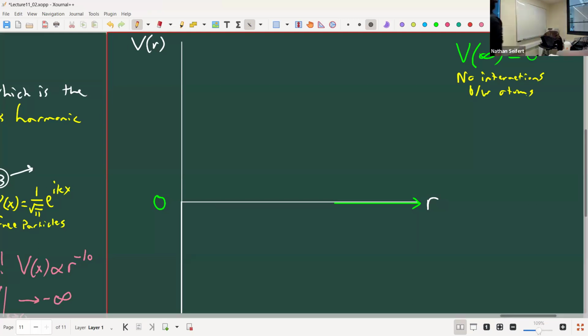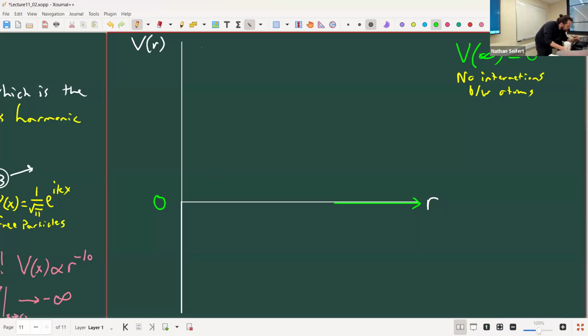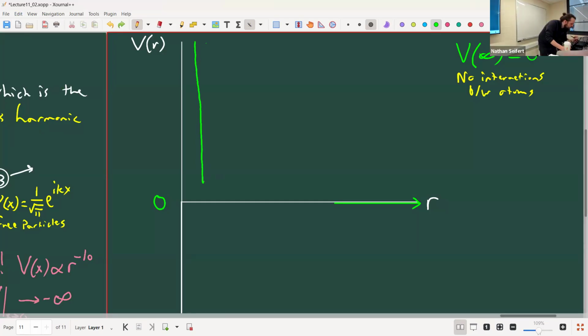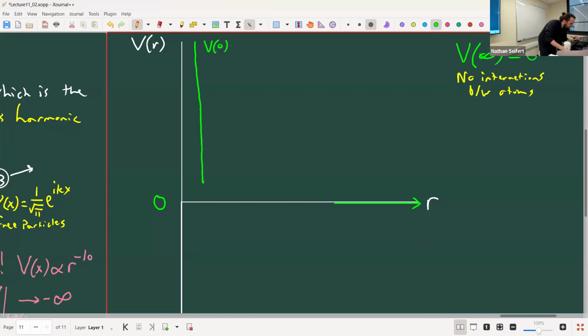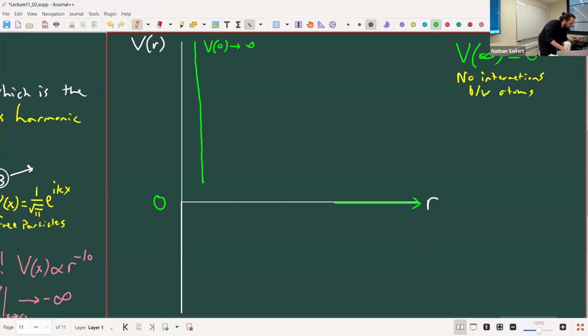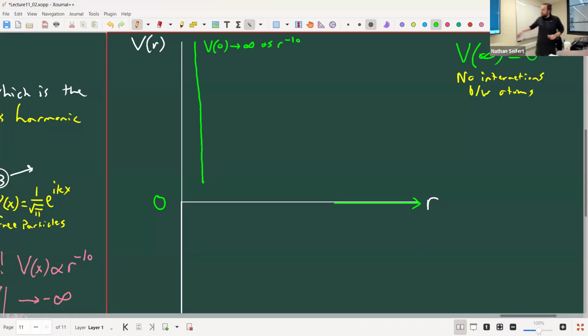And then at R equals 0, this goes as R to the 10th, so it goes skyrocketing, something like this. So V of 0 goes to infinity as R to the minus 10. It's got this big, sharp tail on the low end.